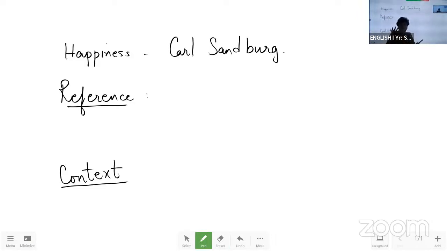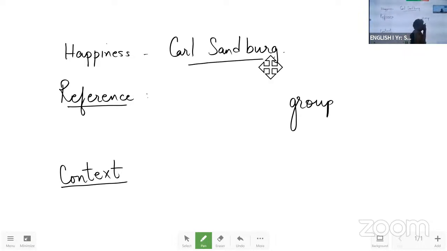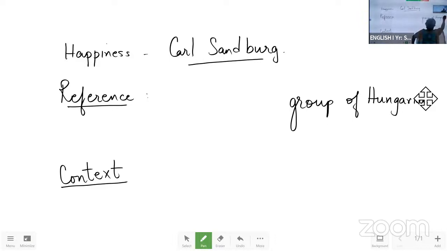So one fine Sunday afternoon, when he is going along the river Des Plaines, he comes across a group of Hungarians. Why does the poet use the word Hungarians? He is not a Hungarian. Why does he? See, children, when you read the poem, you should understand the background.